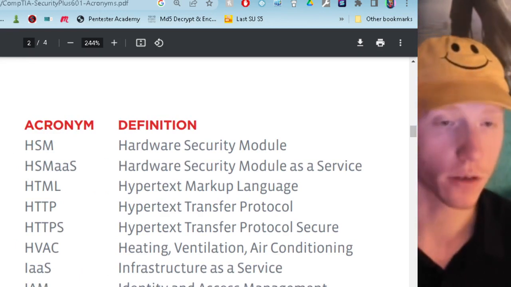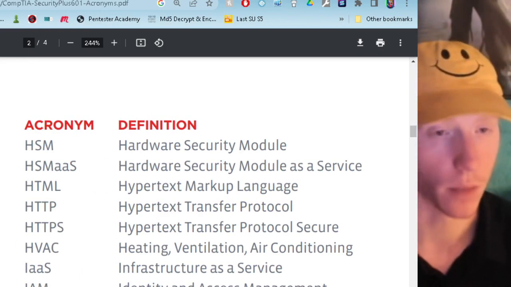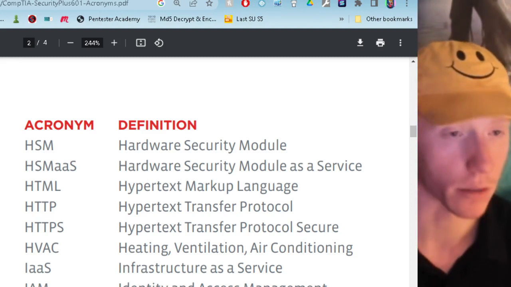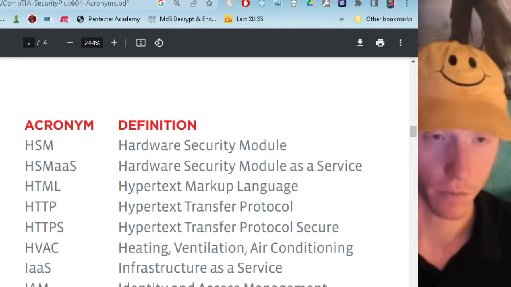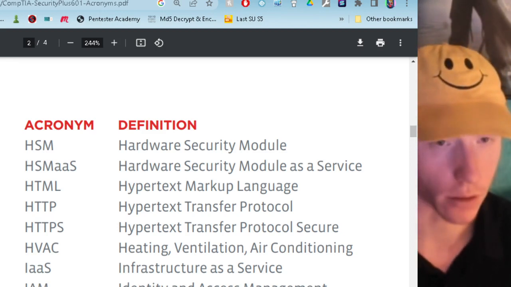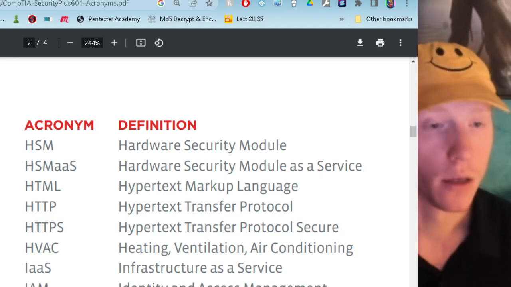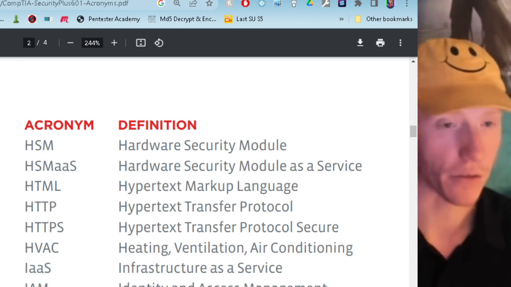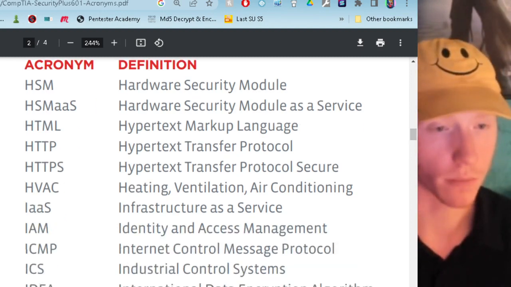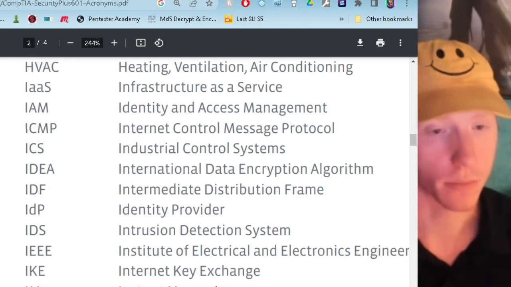HSMaaS, Hardware Security Module as a Service. HTML, Hypertext Markup Language. HTTP, Hypertext Transfer Protocol. HTTPS, Hypertext Transfer Protocol Secure. HVAC, Heating, Ventilation, Air Conditioning. IaaS, Infrastructure as a Service. IAM, Identity and Access Management.